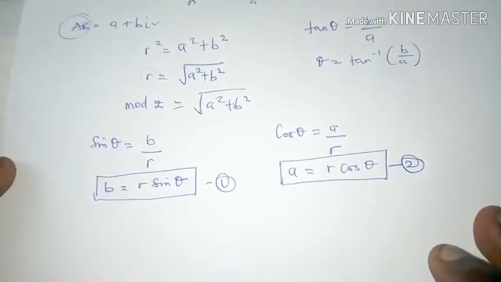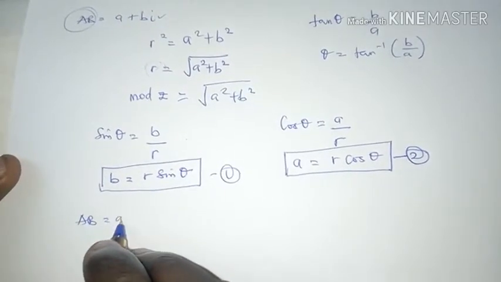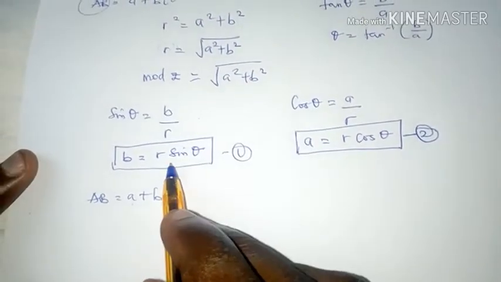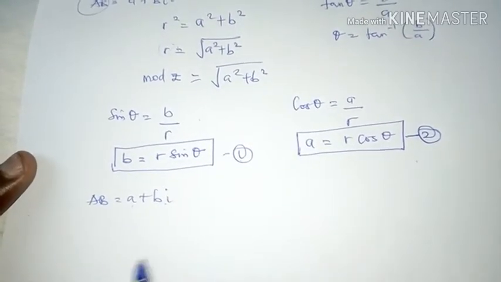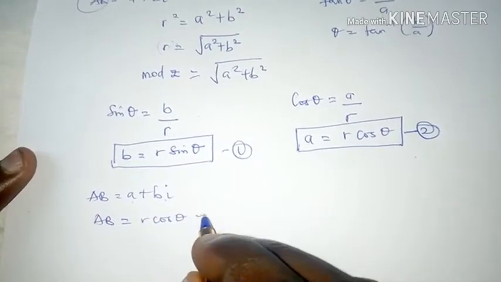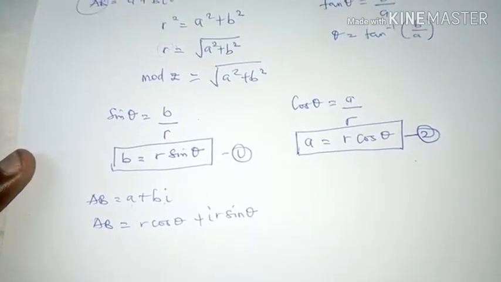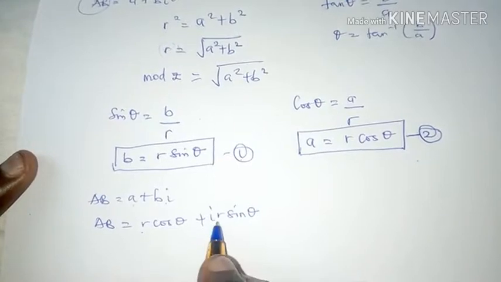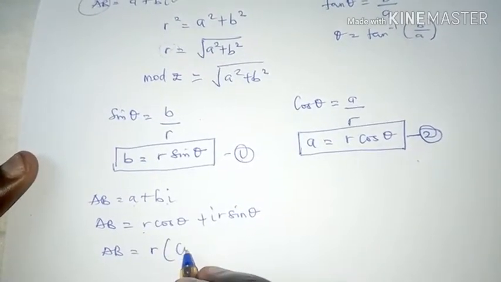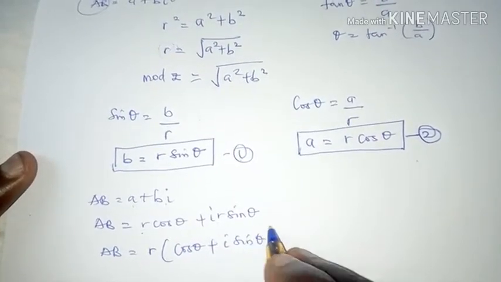Now our initial vector, which is AB, being equal to a plus bi. In place of a and b, we put equation 1 and 2 over there. So what do you get? You get r cos theta plus i r sine theta. Now there's a common factor here, so we factorize it out and we get r times cos theta plus i sine theta.